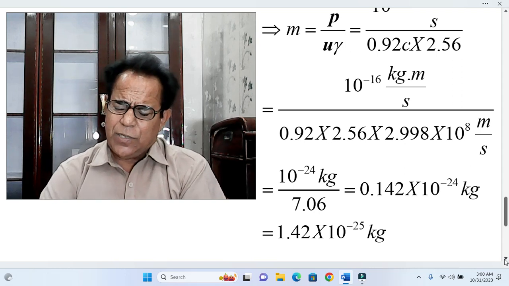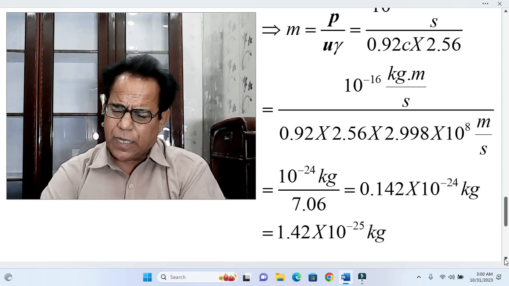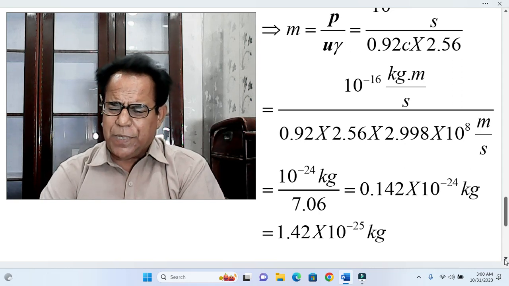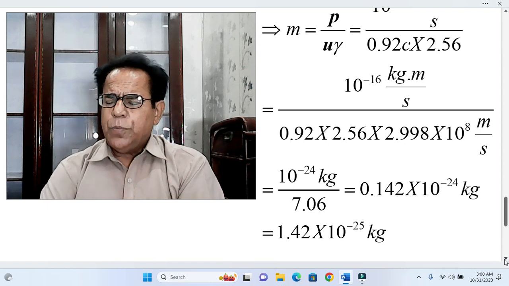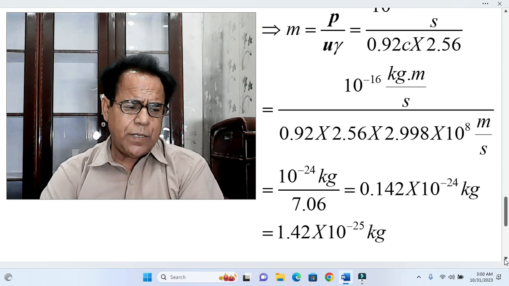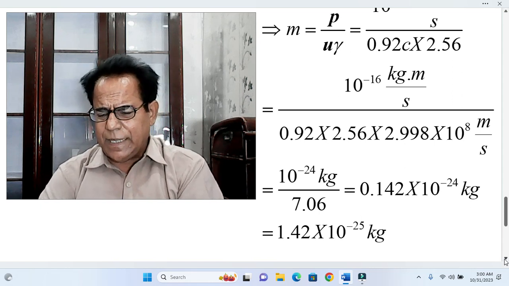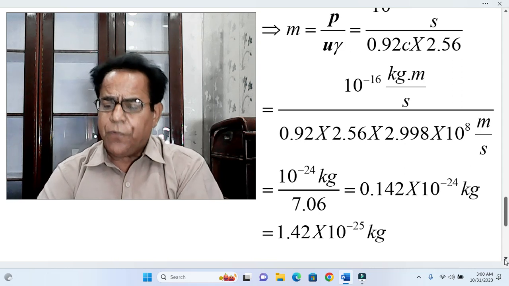This figure is 100% okay as our answer, but it is not appearing beautiful, so to refine it we change its shape from 0.142 to 1.42.